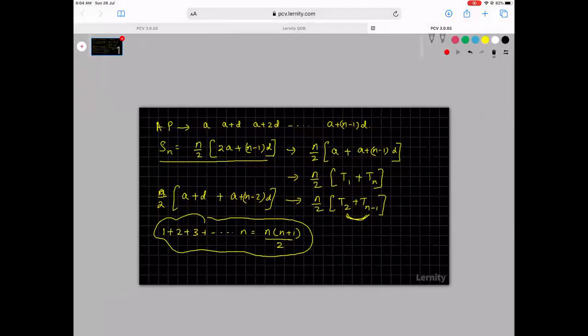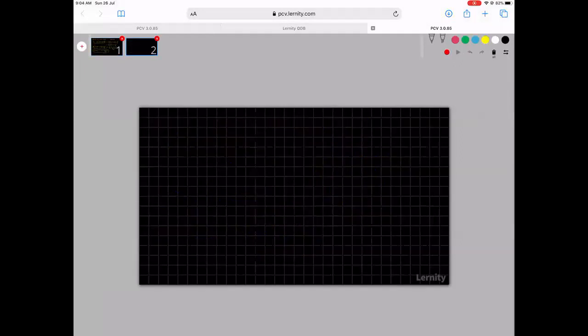Then I start by giving you a question or two. Suppose Sn is equal to 6n squared minus 7n. Find T10.